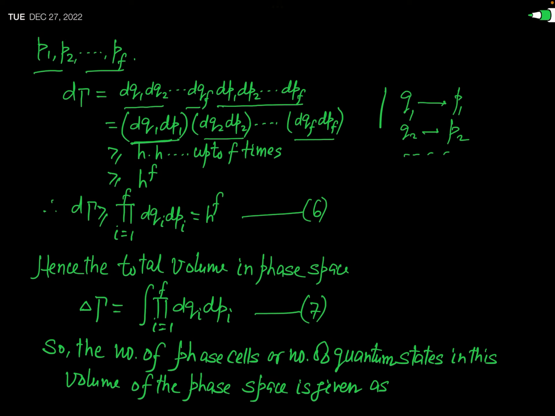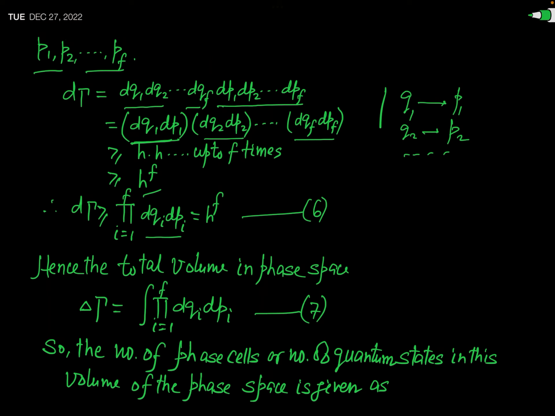So this product, with f terms, will be greater than or equal to h times h, f times, and that will be greater than or equal to h to the power f. In brief, you can write this expression like this: d gamma will be greater than or equal to the product from i equals 1 to f of dqi dpi.